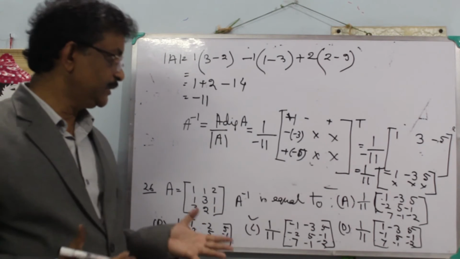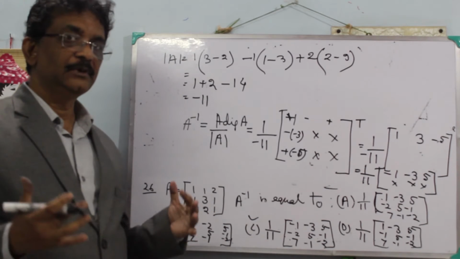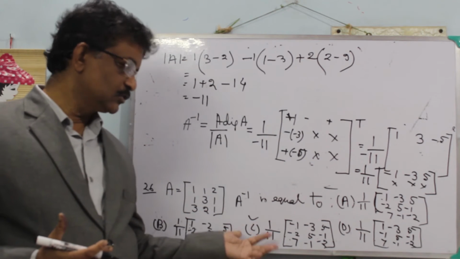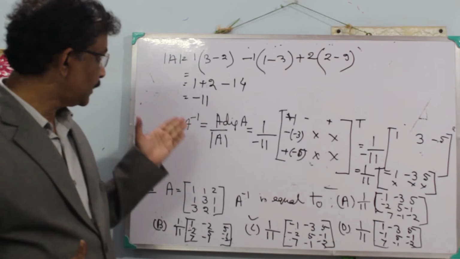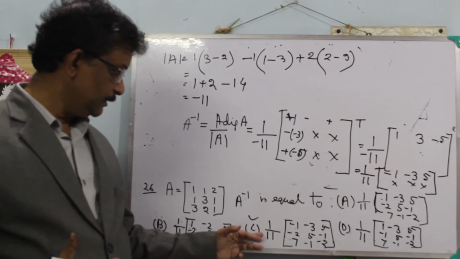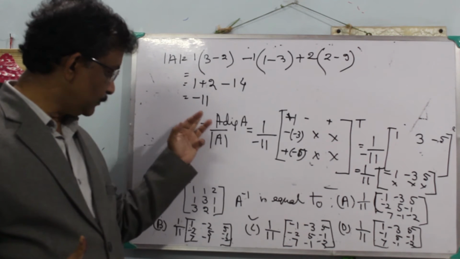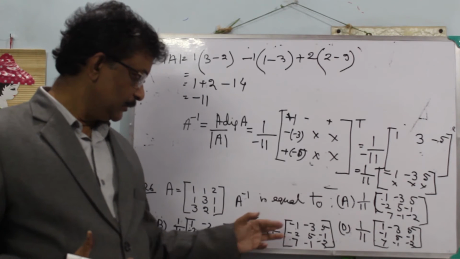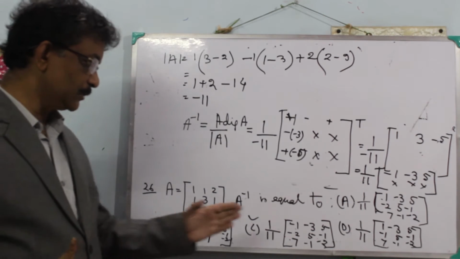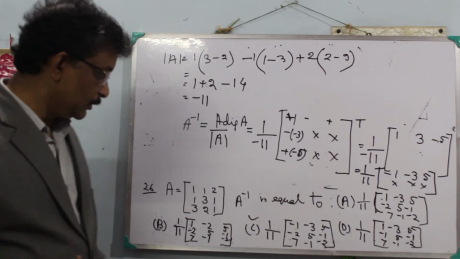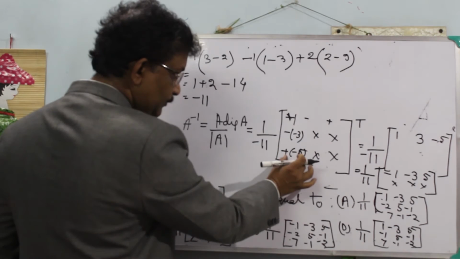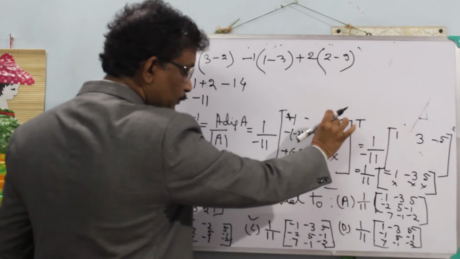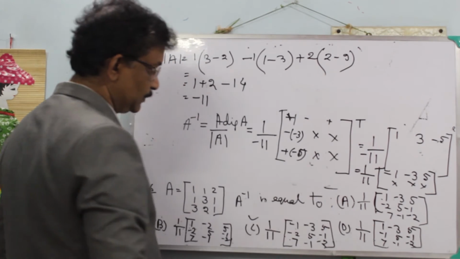Otherwise you can calculate A inverse as usual, but it will be lengthy. For objective MCQ, this method is shorter. What I have done: I calculated determinant A as minus 11, but here the factor is positive 1 by 11, so I multiplied each element by minus 1. I have not calculated all the elements, only the first column of the cofactors, which becomes the first row after transpose.